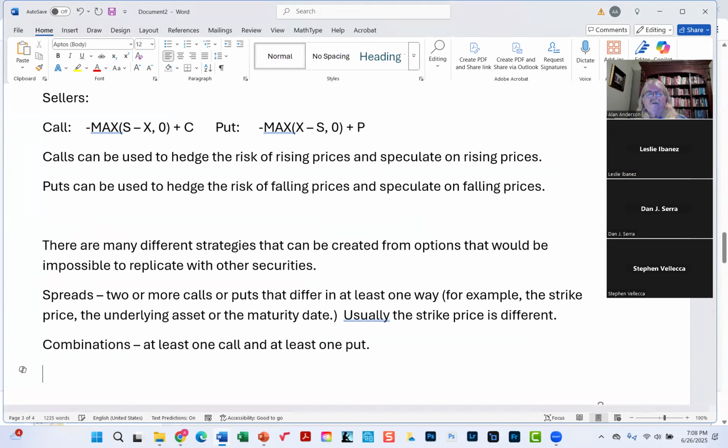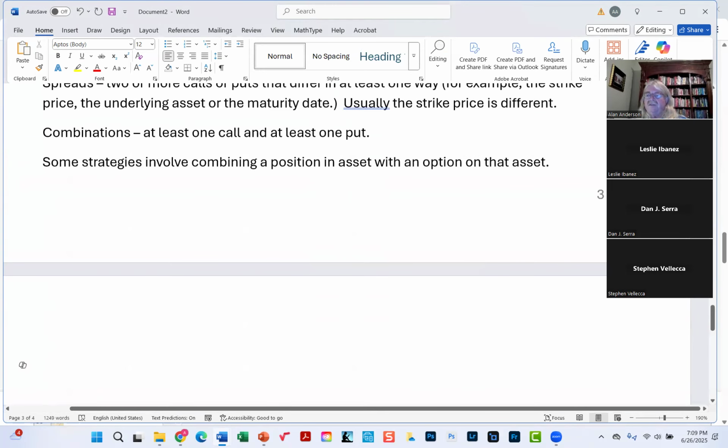And then there are also, I don't know if there's a separate name for them, but some strategies involve, as we saw, combining a position in an asset with an option on that asset. All right, we did see a few of these too.